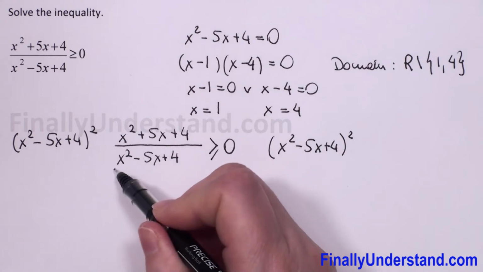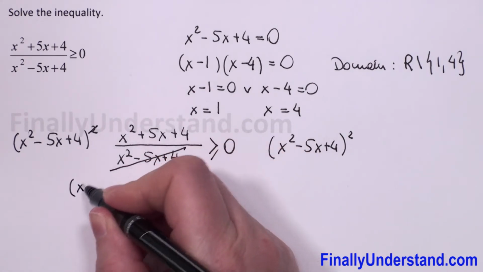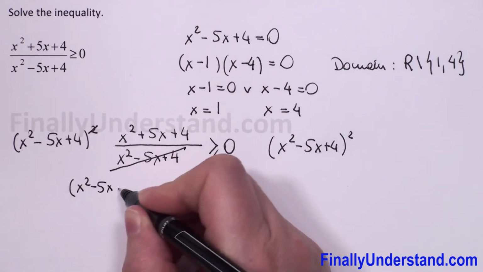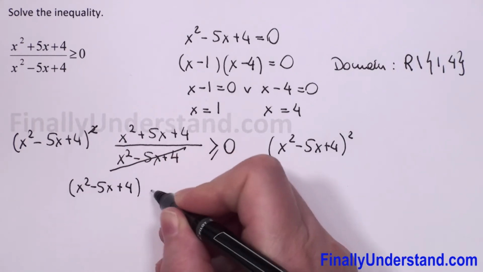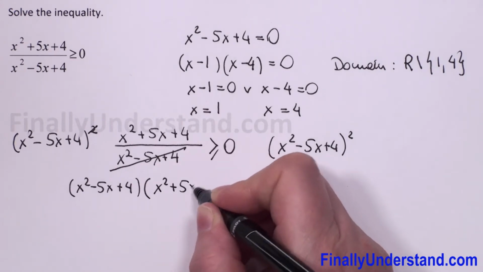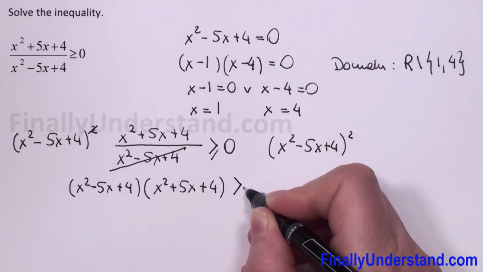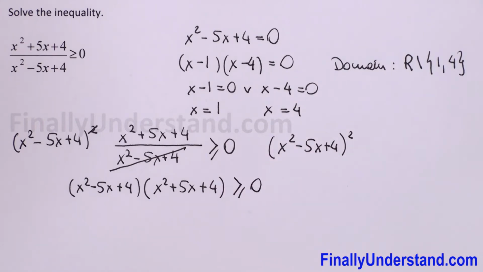So we see our denominator will cancel with the square, and we have x squared minus 5x plus 4 times x squared plus 5x plus 4 is greater than or equal to 0.